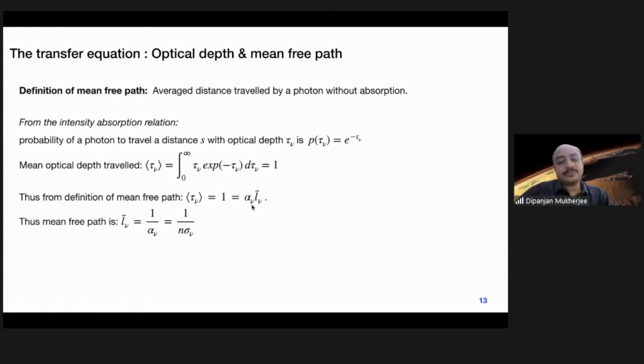Again, this comes from the basic definitions of optical depth. So the mean free path, the distance traveled by the photon without getting absorbed, is just 1 over alpha nu. This is from the basic definitions of probability and how you can relate mean free paths to the absorption coefficient or the cross section.